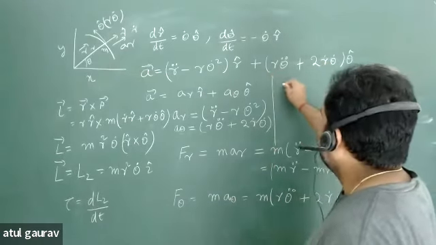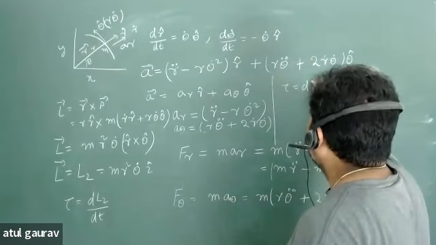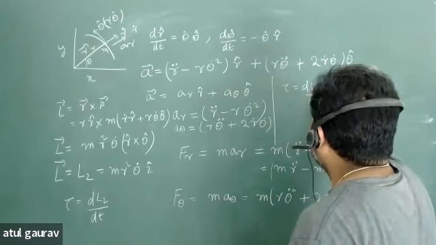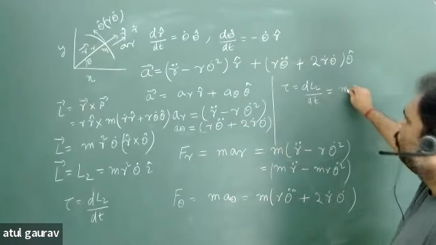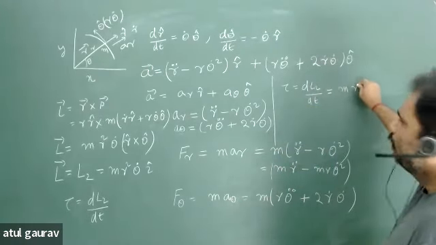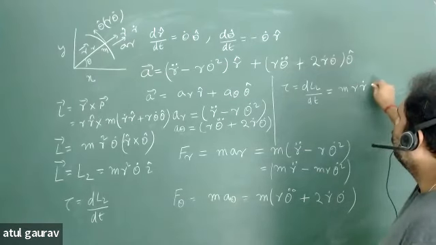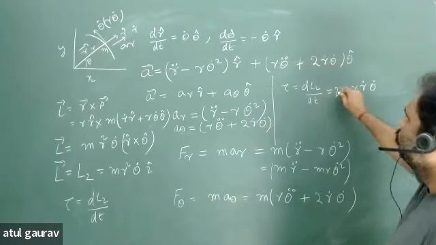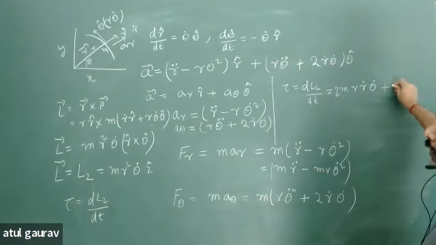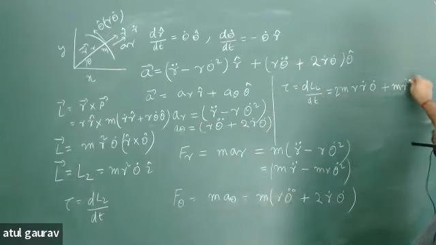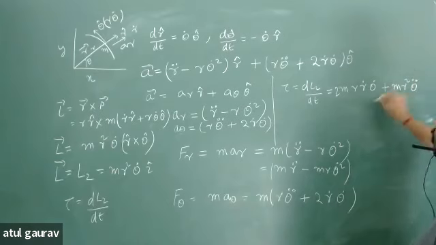If we calculate dLZ upon dt, that value is m r dot theta dot, with a factor of 2, plus m r square theta double dot.